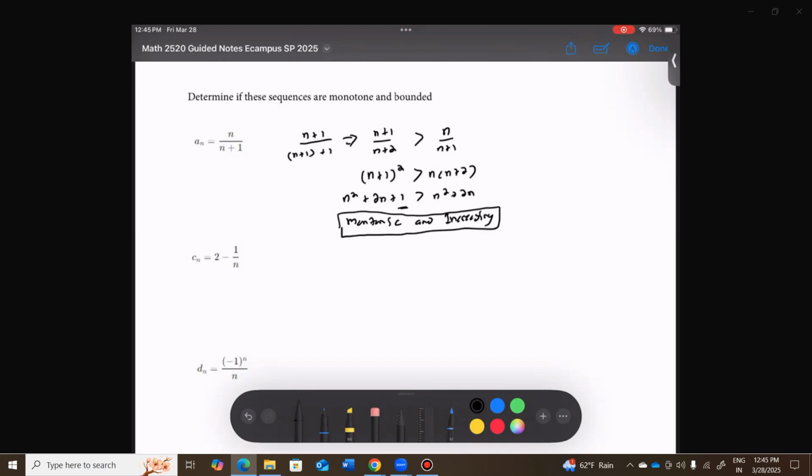Okay, the next number is going to be always higher than the previous. So if n is 1, that's the lowest n value, you're going to have 1 over 2.